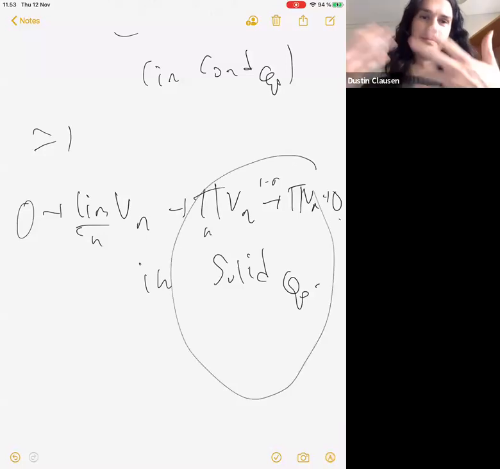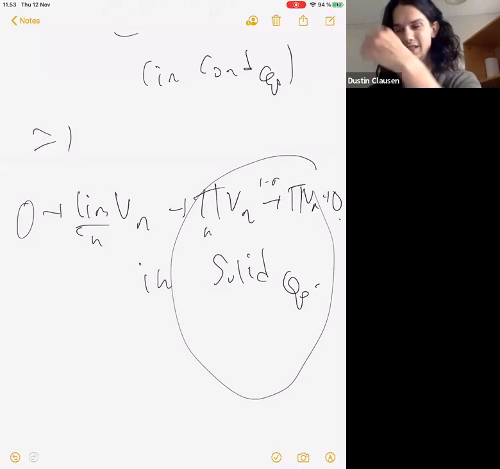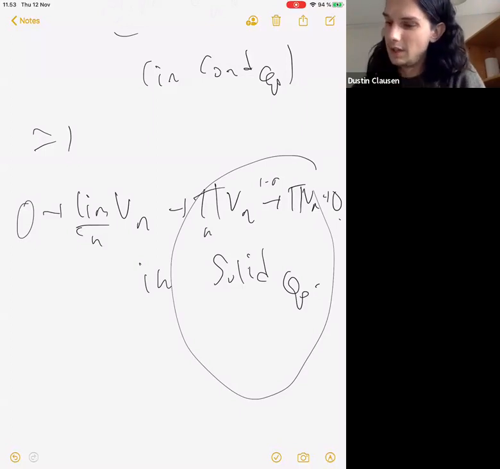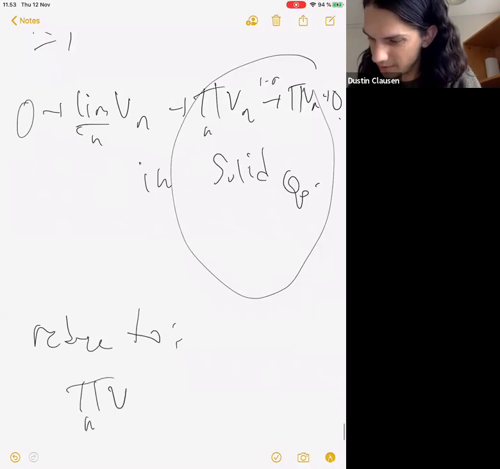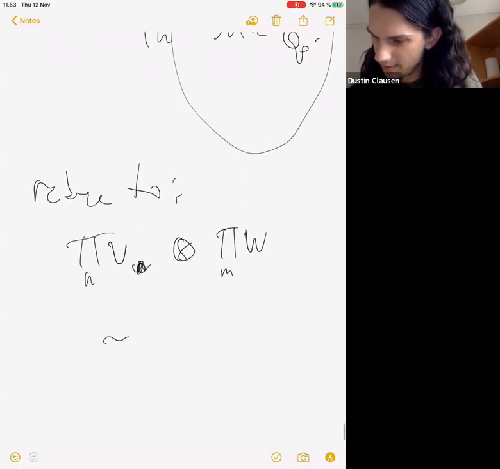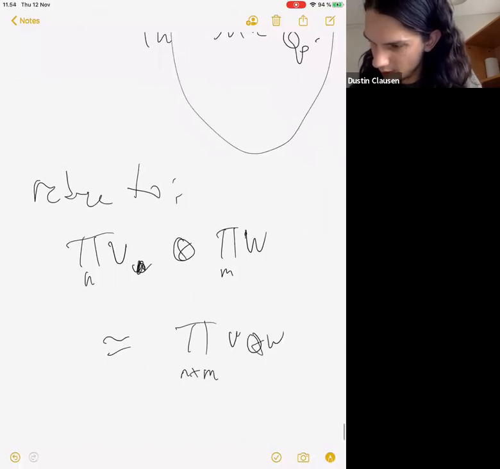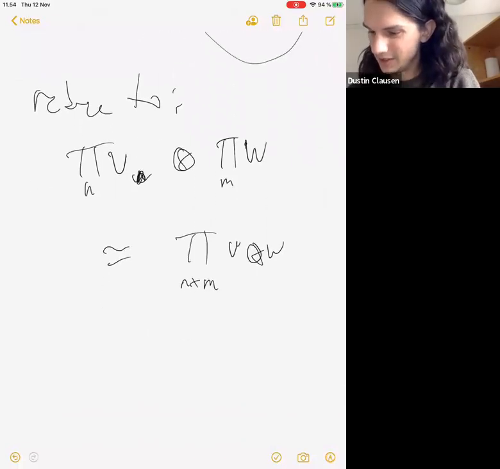But now you know about products of Banach spaces. You reduce to: if you take a product of Banach spaces and tensor it with another product of Banach spaces, you can use the same trick again.